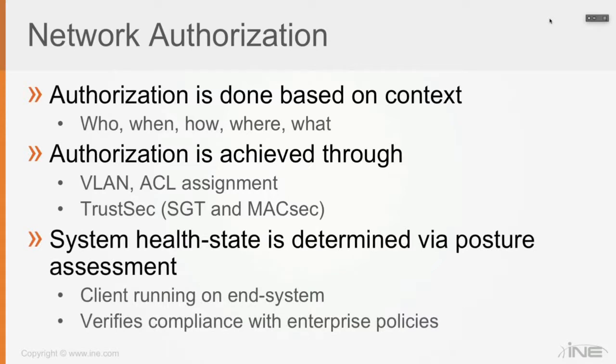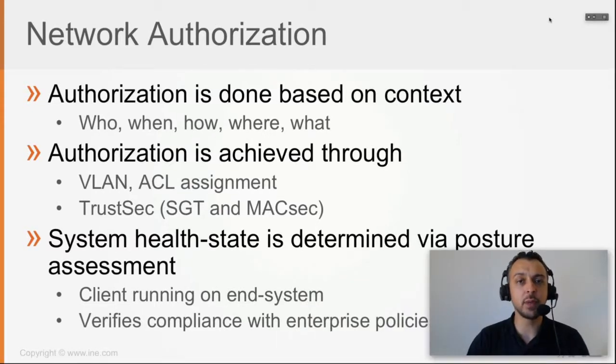And the system health state is determined via posture assessment for laptops and desktops, because ICE would want to give network access also based on the health state of that system, and ICE is going to be aware of the health state of the system. If the system is a laptop or a desktop computer, it is going to know that via posture assessment.